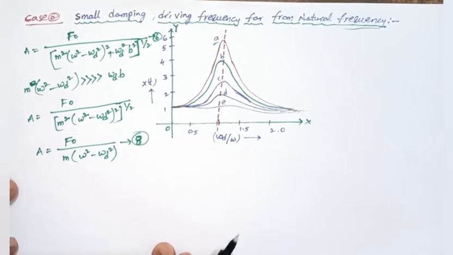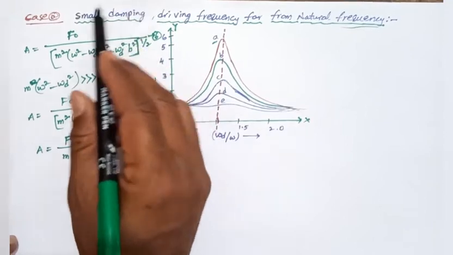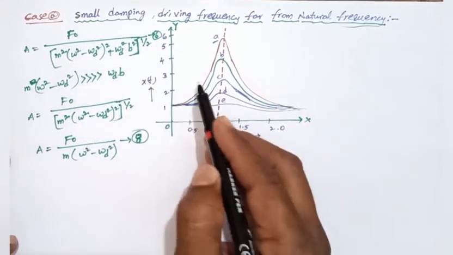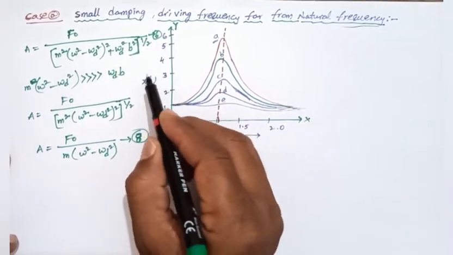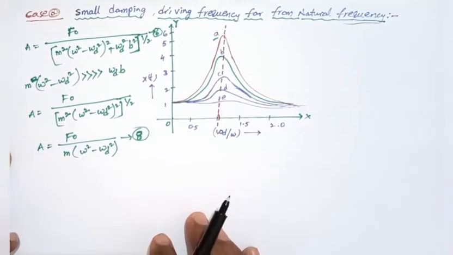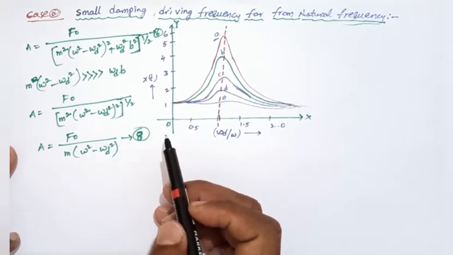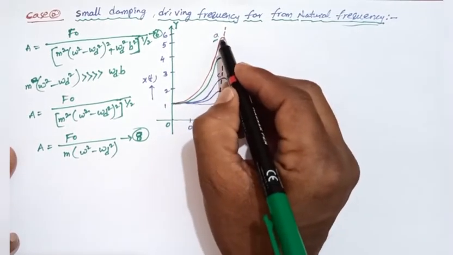And A is considered small damping, so the displacement is very large and sharp here. The smaller the damping, the taller and narrower is the resonance peak.